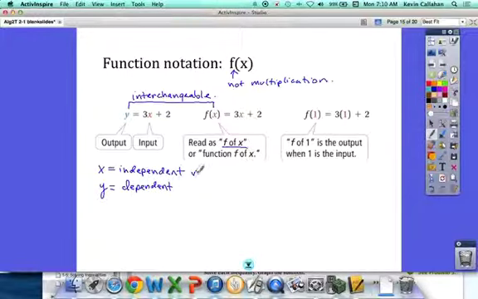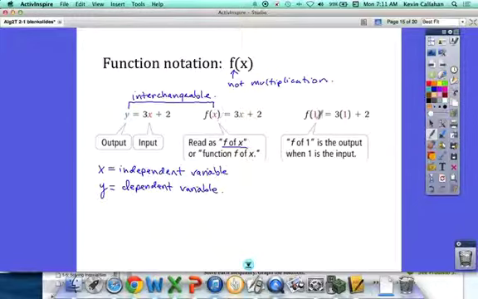And I should put in variable. I mean, just like we, in the first chapter, evaluated an expression by plugging in a value for the variable, you can evaluate a function by plugging in a value for x, which is a variable.